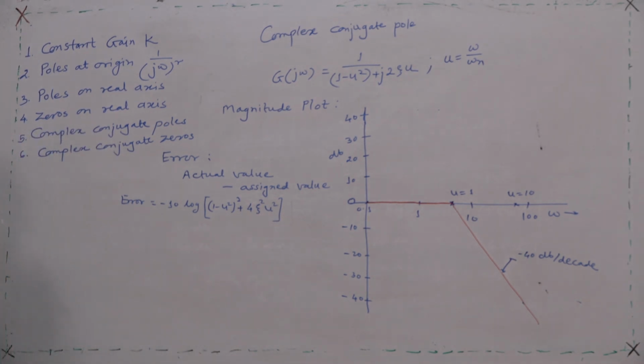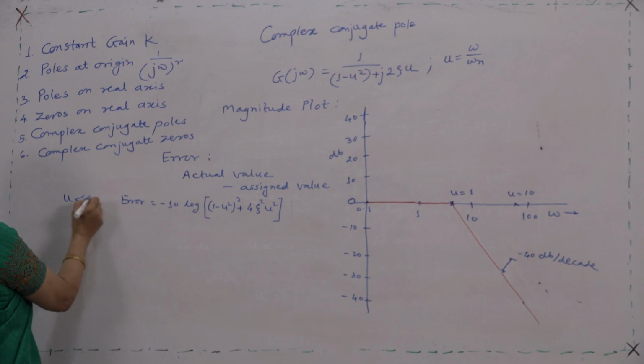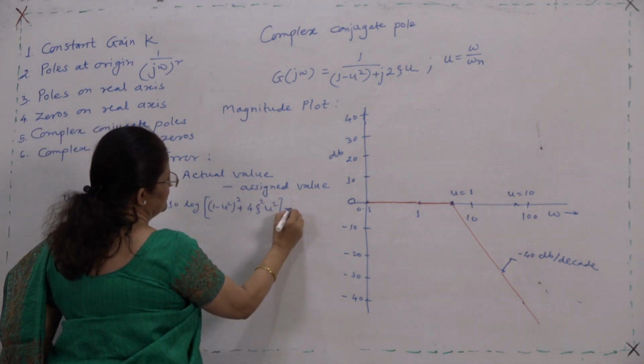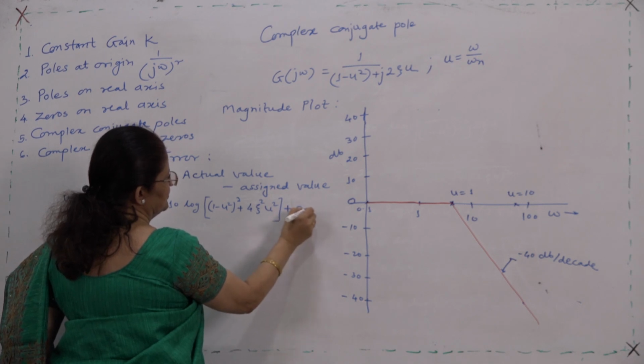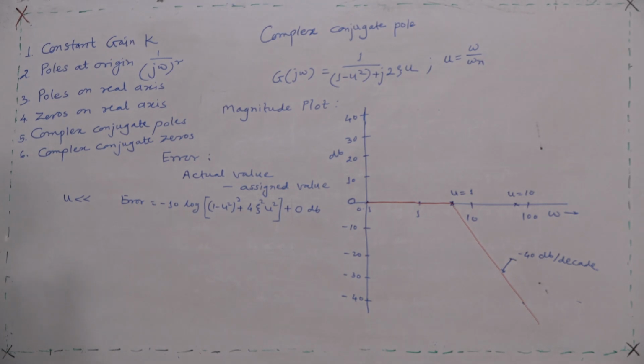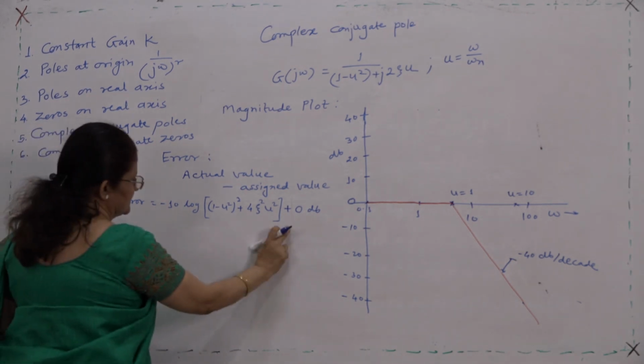This is the actual value. When we are considering u far less than 1, what is the assigned value? Assigned value is 0 dB. So, minus minus plus, you will get 0 dB. So, this is the error.